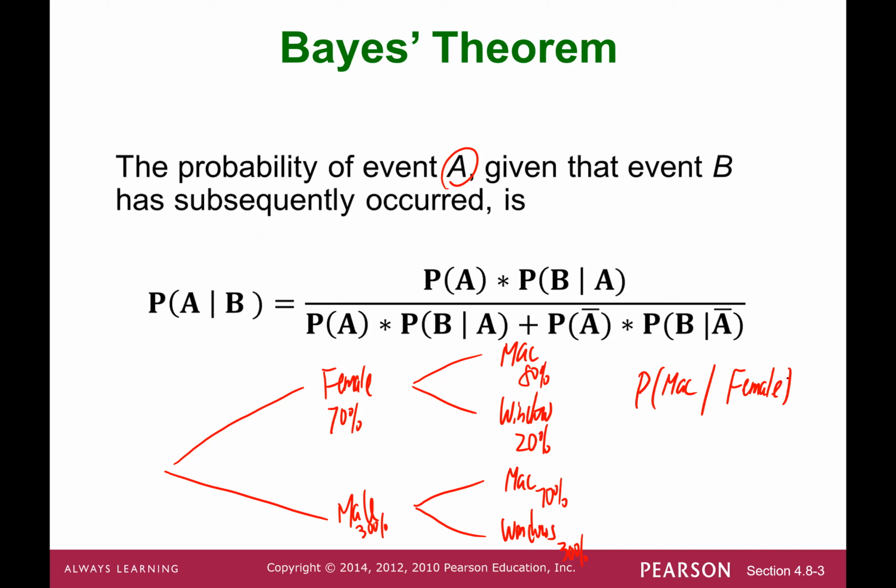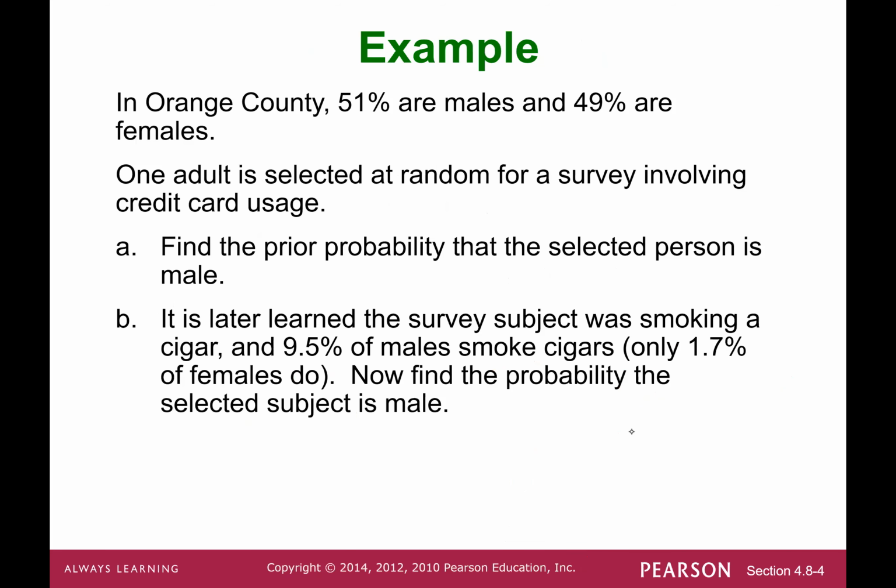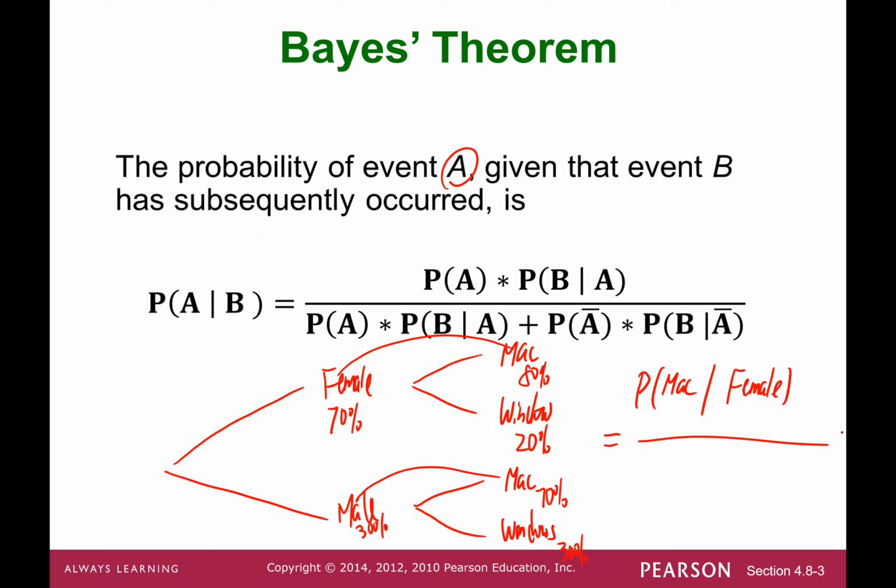So you have male users using Mac, females using Mac. Out of all these Mac users, given that it's female, you do the probability of Mac user times the probability of female given that using Mac.